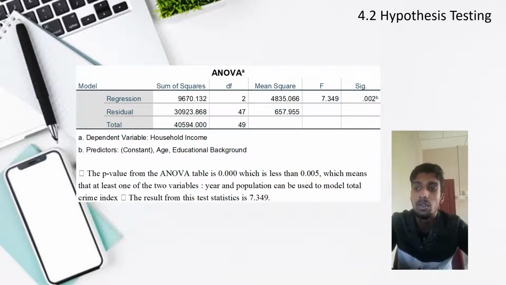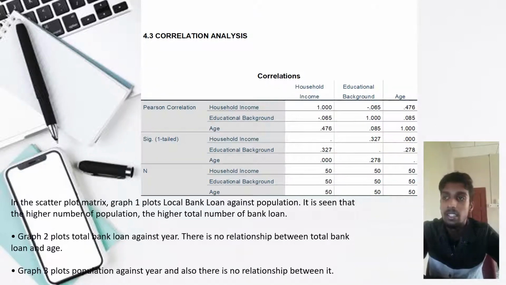The p-value from the ANOVA table is 0.000, which is less than 0.05, which means that at least one of the two variables, years and population, can be used to model total bank loan. The result from this statistic is 7.349.